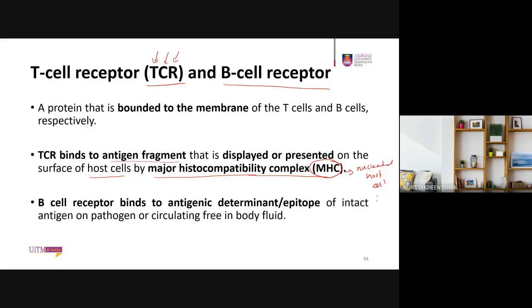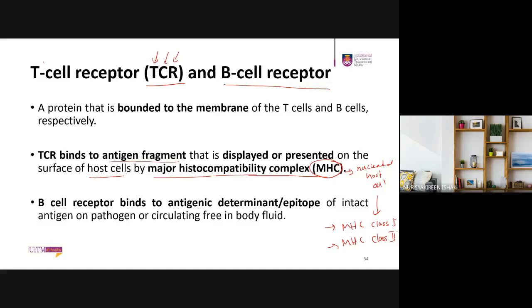Kita ada dua jenis MHC. MHC class 1 dengan MHC class 2. Okay, so nanti kita tengok apa perbezaan antara MHC class 1 dengan MHC class 2.